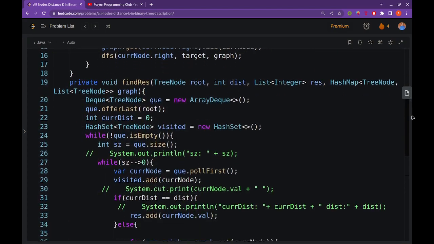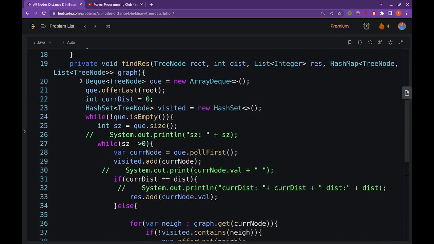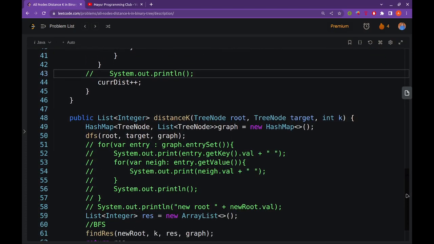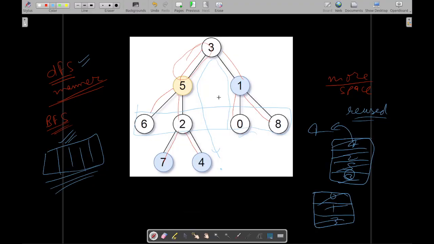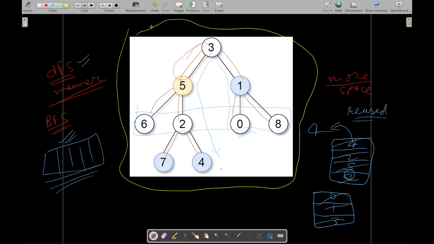So what I have done is, let me go to the main function. I have declared a graph. Actually, we will be converting this whole given tree into a bidirectional graph.